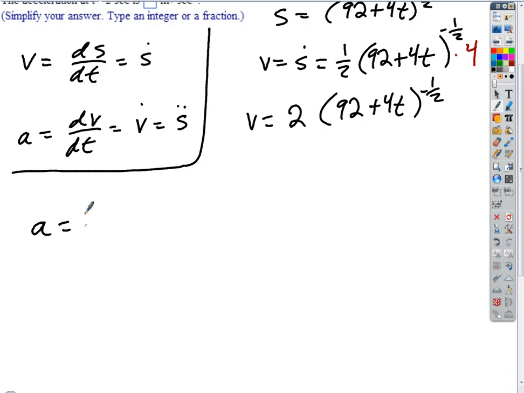So 2 times, what's the derivative of this part? Negative 1/2 times the inside to the negative 3/2, because we're going to subtract 1 from negative 1/2, right?